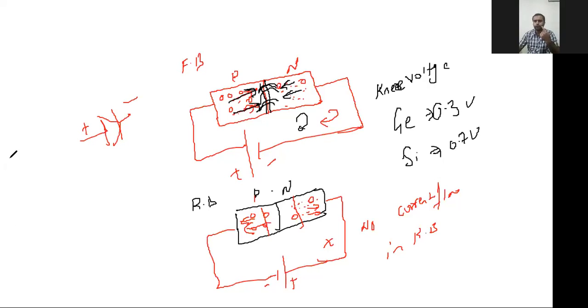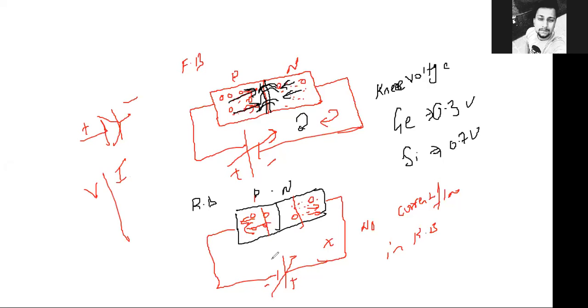Now we can plot a graph between voltage and current. This is voltage and current. We increase the voltage, this is the variable voltage. Suppose 0.2, then 0.4, 0.6, 0.8, 1.0.